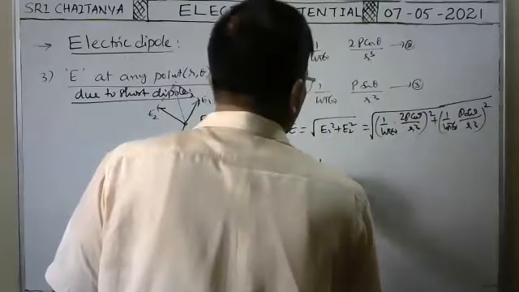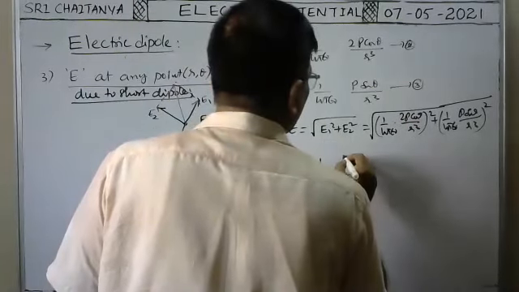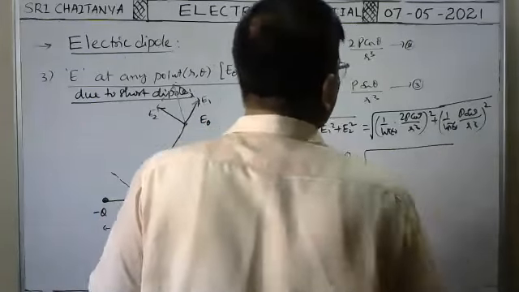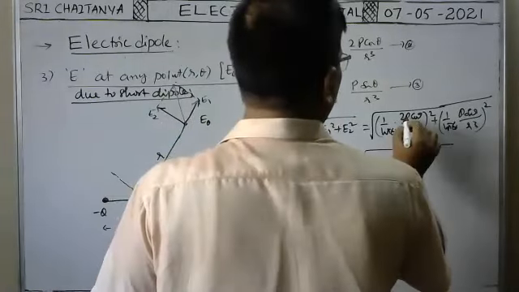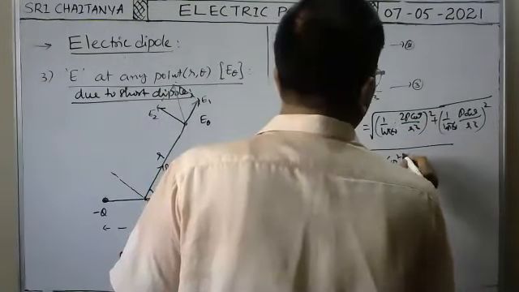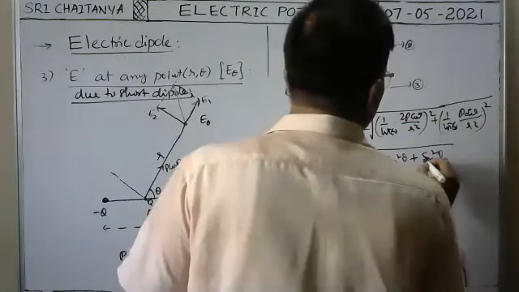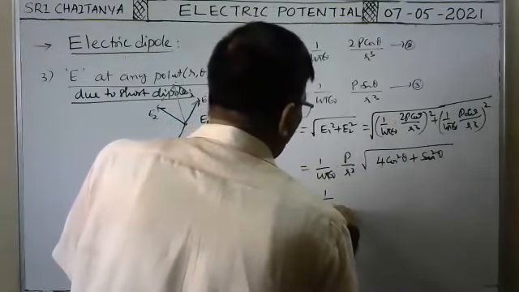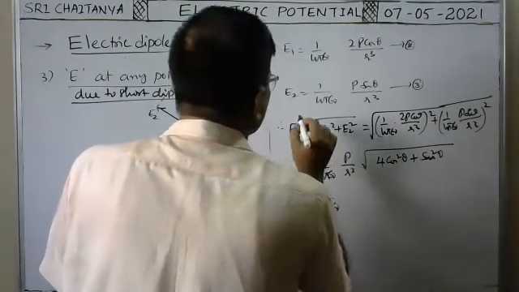Then remaining in the root only you write: 2 cos theta whole square, that is 4 cos square theta, plus sin square theta.